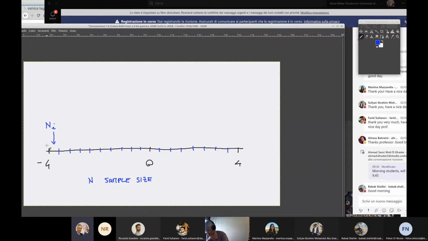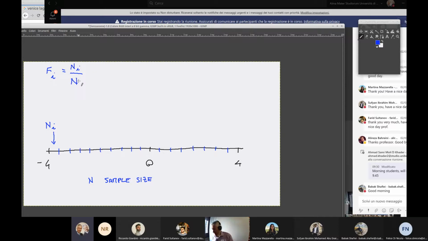So we have to compute the number of times observations fall in each interval, okay? And if this number is ni, I can compute the frequency, fi, which is equal to ni divided by n.